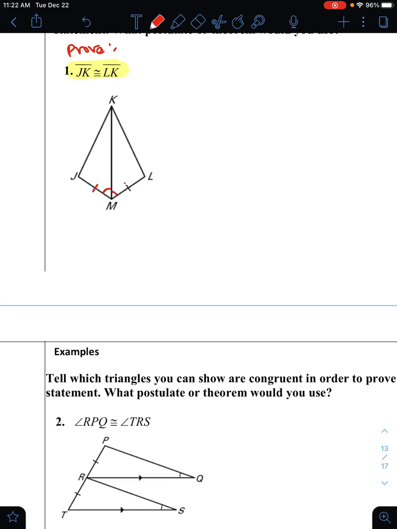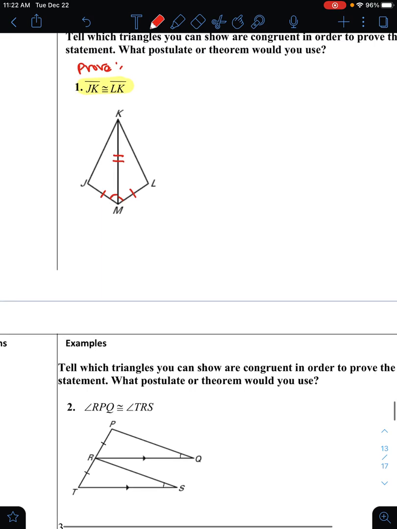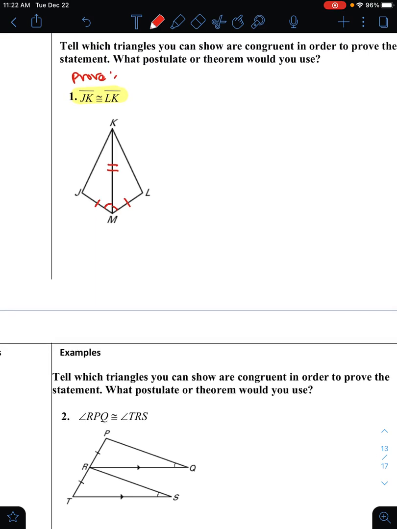I see an angle, I see a side, and I see a reflexive. And so I now have side angle side. I have SAS. So the question says, what are the two triangles? So I can prove, and this is where you can name your triangles differently than me. They just have to be in a corresponding order together.